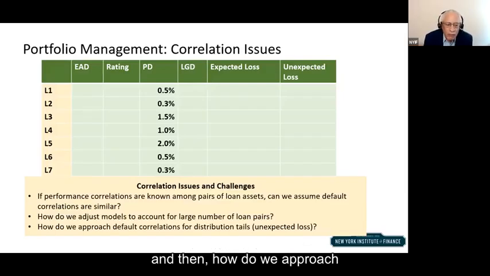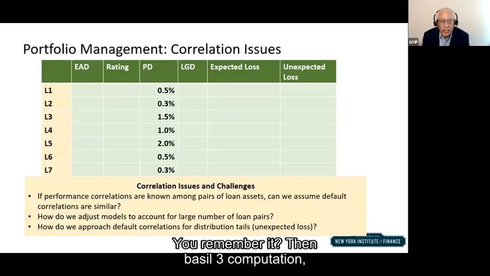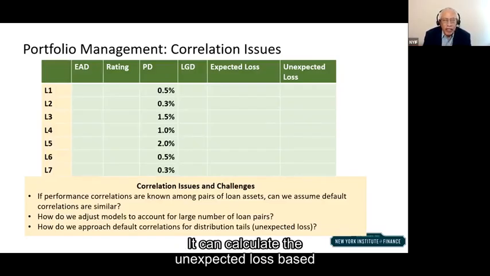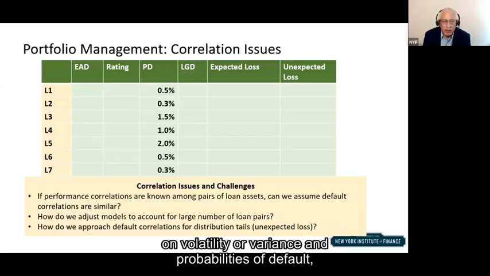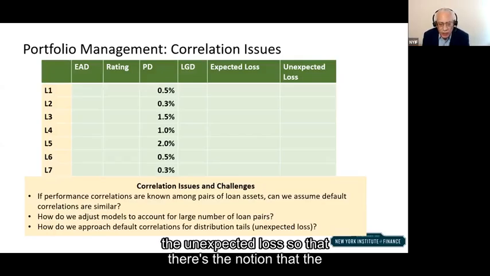And then how do we approach default correlations in terms of a distribution tail? You remember in the Basel III computation, it looks at the expected loss, then it looks at a normal distribution around the expected loss. It calculates the unexpected loss based on volatility or variance in probabilities of default.